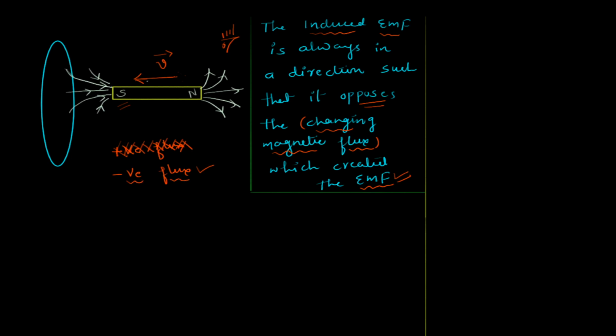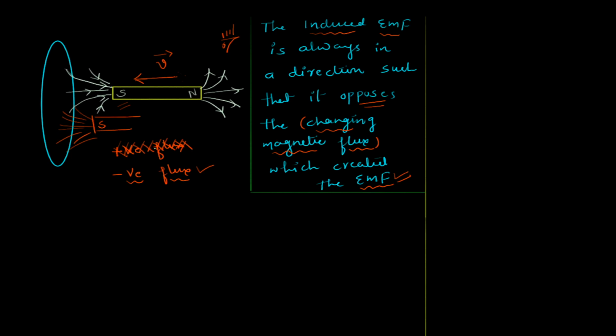I repeat: one moment the bar magnet is here, next moment the bar magnet gets closer and is over here somewhere. Actually I should have drawn it right near that bar magnet, but due to space, let's say a while later it has moved closer, except it is still here only, right? So if that happens, more and more field lines are going to cross through the loop and then enter the bar magnet like this.